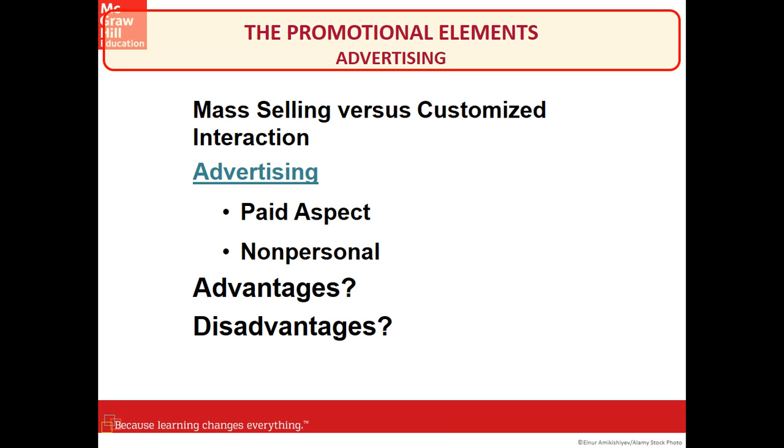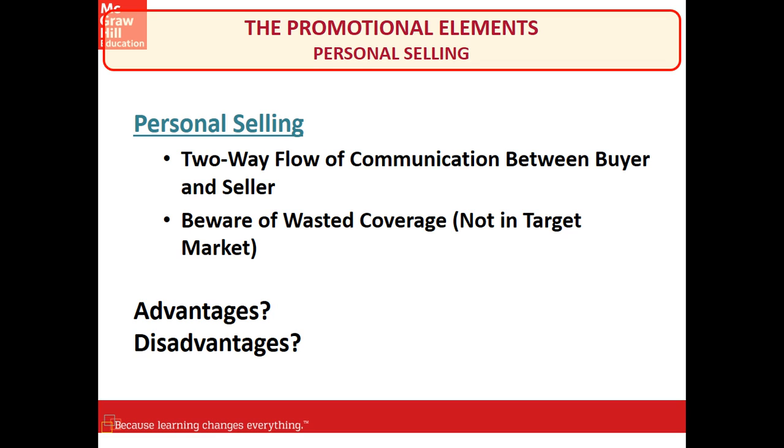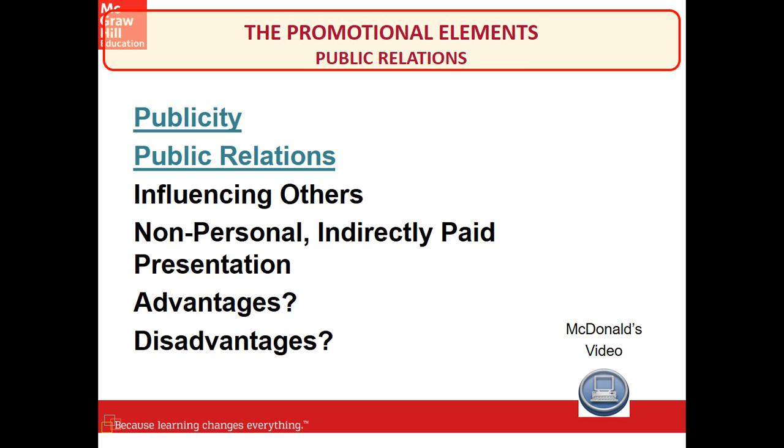Then we talked about mass selling versus customized interaction, and advertising. What is advertising? It's paid and non-personal. The advantages and disadvantages of advertising. Personal selling: what is personal selling? It's a two-way flow of communication between buyer and seller. And you need to also know the pros and cons of personal selling.